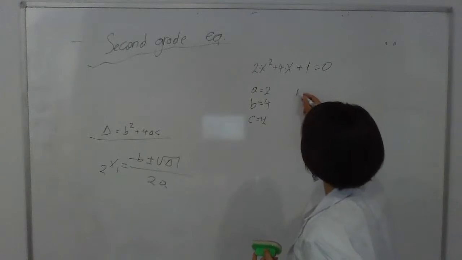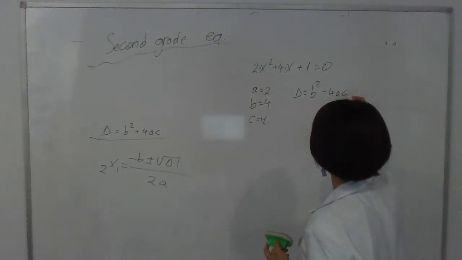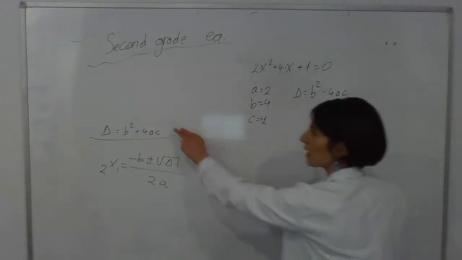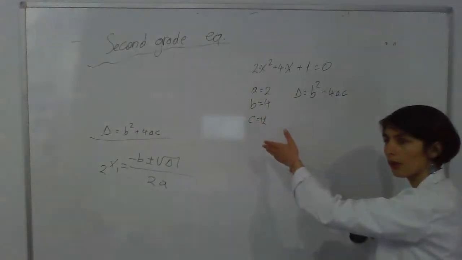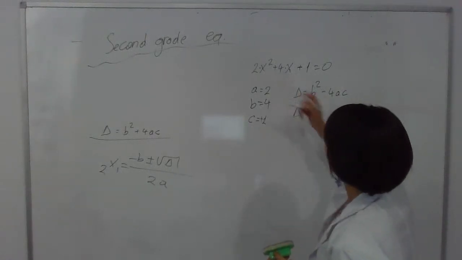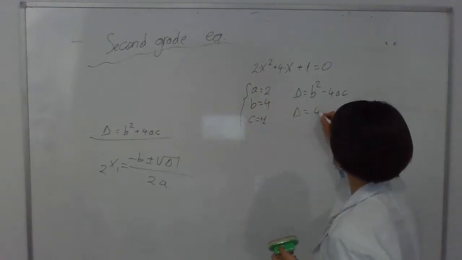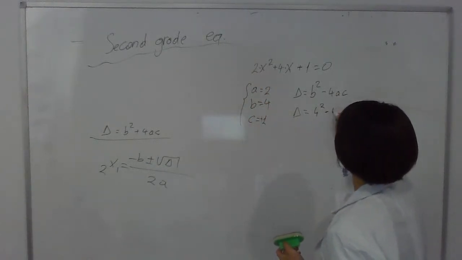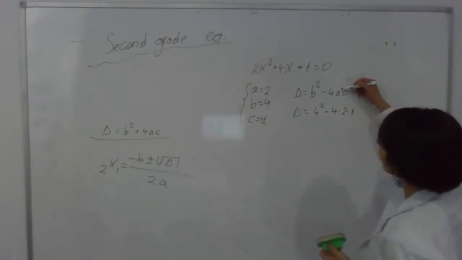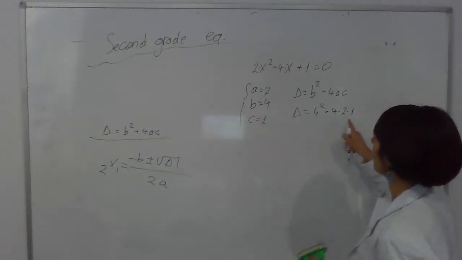So delta equals b to the power 2 minus 4ac, okay? This is from our formula that I talked about at the beginning. So delta equals b to the power 2. The value of b is 4. So it's 4 to the power 2 minus 4 times 2 times 1, because the value of a is 2 and the value of c is 1, okay?